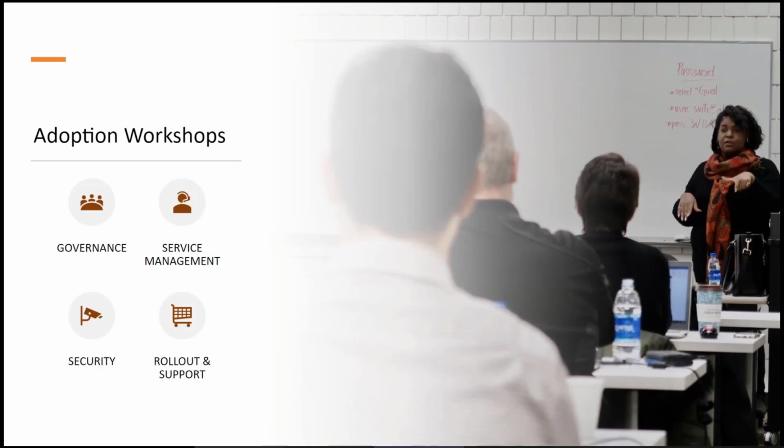Security would be a lot of the operations, and even the BI development team could be a part of the security workshop. And rollout and support would be some of the high level responsibility groups. And I would also include the leader, maybe a leader of just the general group. So someone who would manage just the consumers will be a part of that rollout and support workshop.